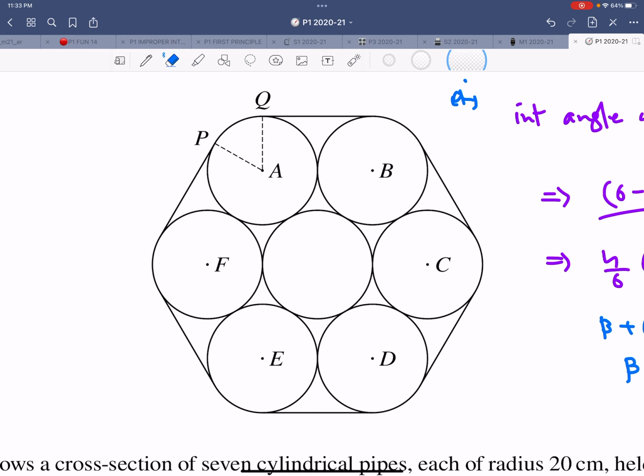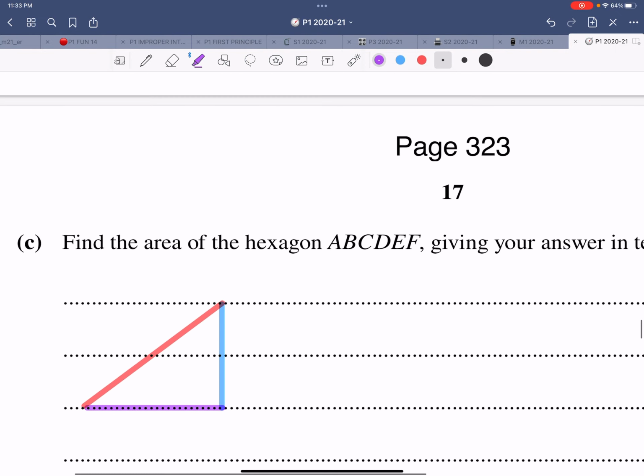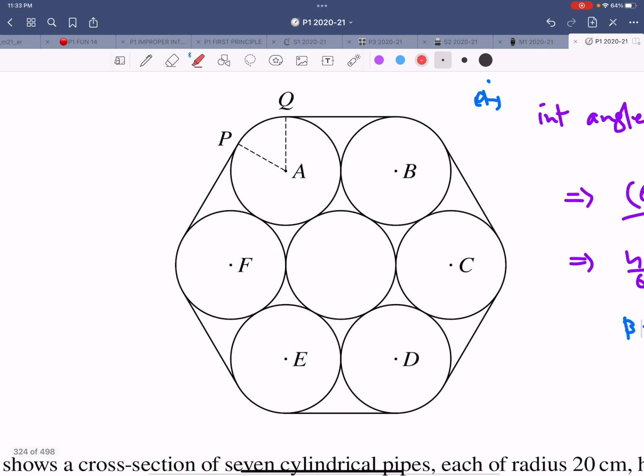So if I label the same color combination, this is orange and purple and blue, like this. Now if this thing is 60 degrees and this thing is 90 and the whole thing has to be 180, therefore this is 30, correct?